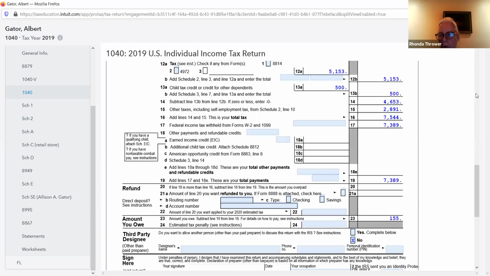So back to the 1040, $2,891 goes here. And then line 16 is adding 14 and 15 together to get that. This was the federal income tax withheld. If you did everything properly in your previous chapters, you would have already figured that. And then the difference between these two is $155, which is the amount that you owe, or that he owes to the government. And that's what happened on these particular returns.